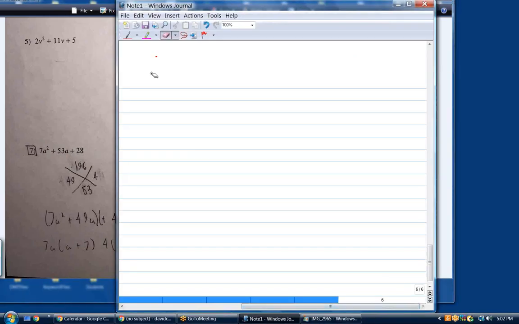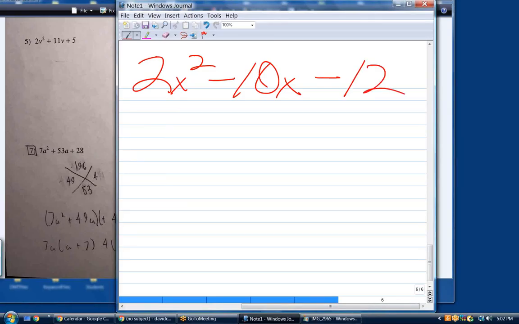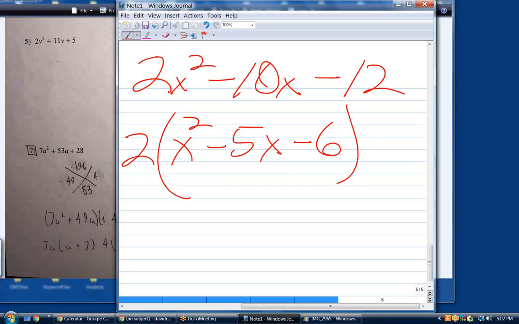In other words, if I have something like this, I'm going to take a 2 out of that right away because I can take the 2 out of every term, and now I have something that's no longer a second degree thing. I can factor that. That's a first degree factoring problem. So sometimes you do want to take that number out, but only from the beginning step.